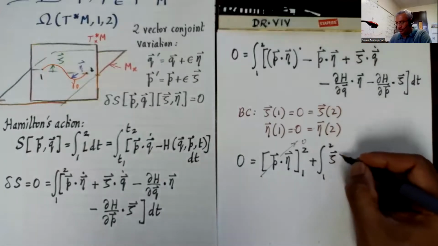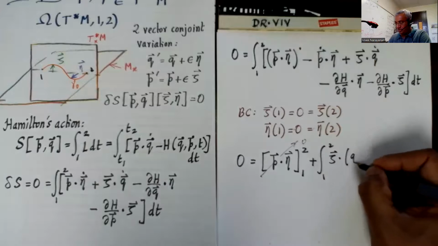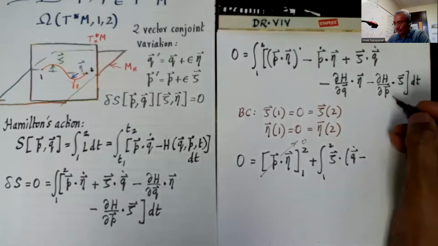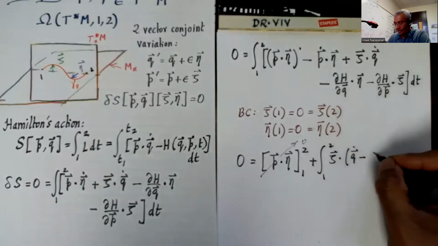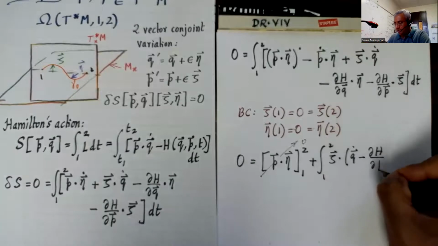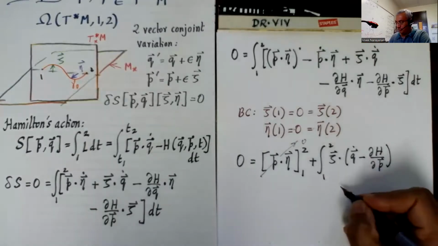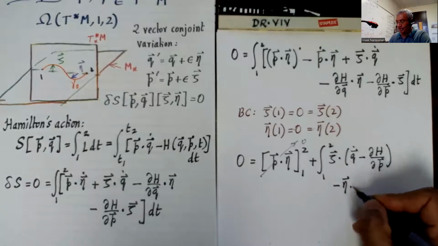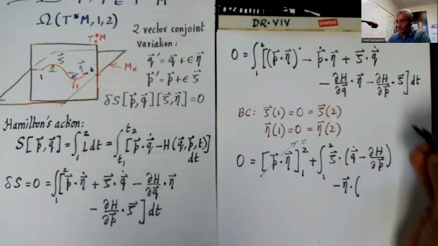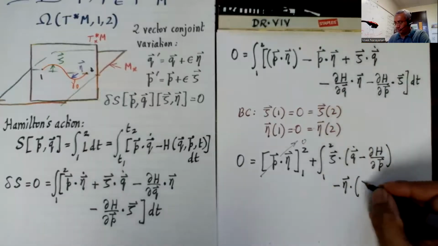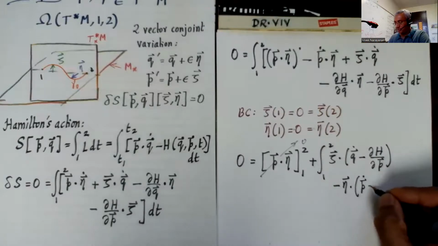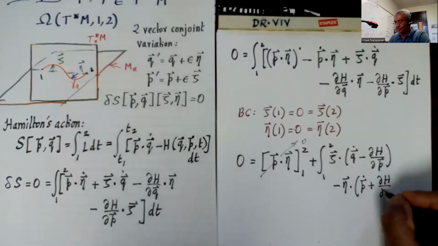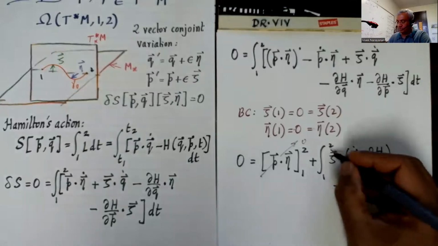So I have zeta dotted with Q dot minus del H by del P, minus eta clubbed with those 2 terms. So I get P dot plus del H by del Q, the whole thing dt.